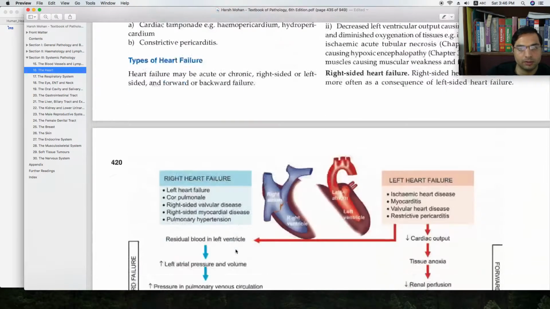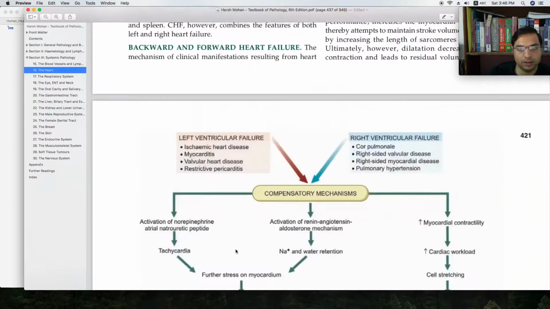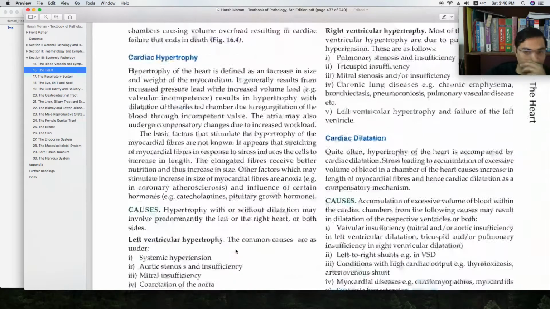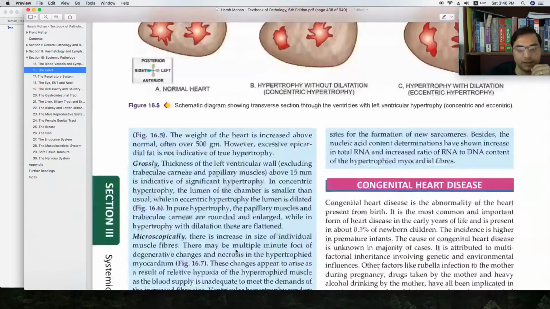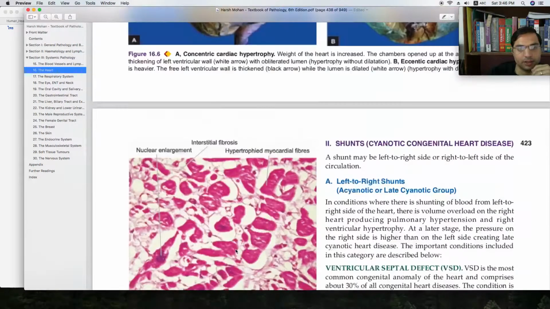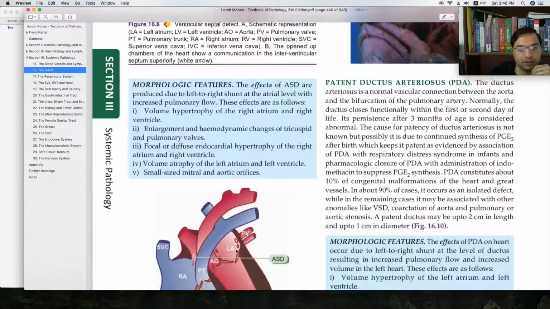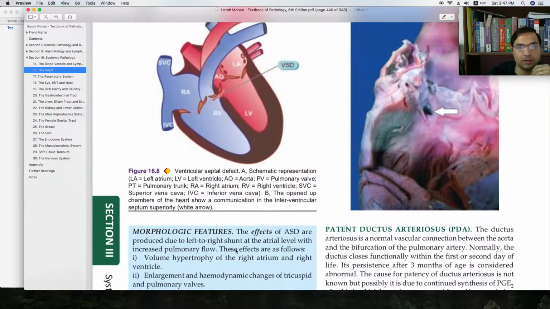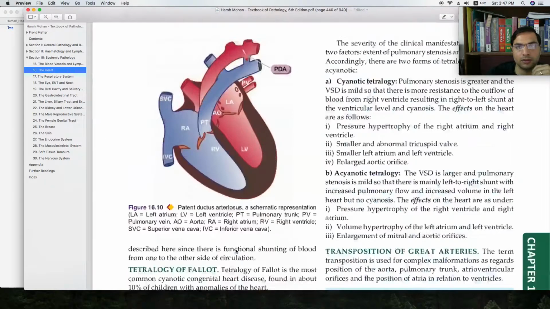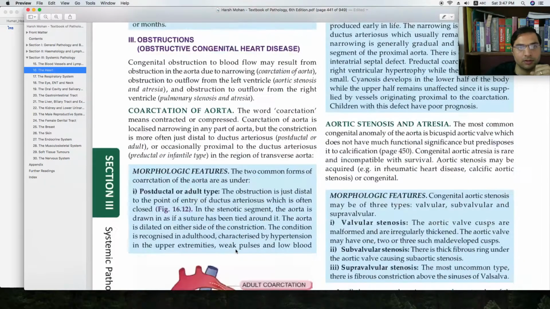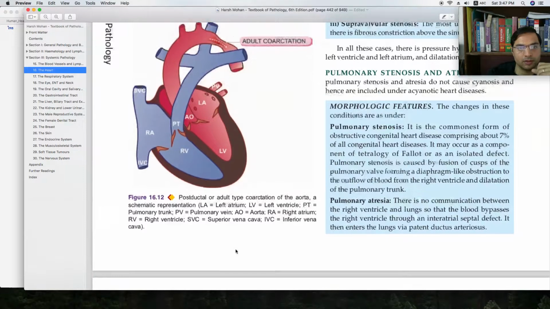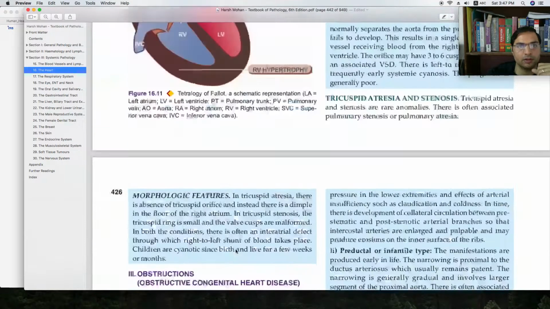There is a cross section here, right? Where is the cross section? Yeah, you can see it here.